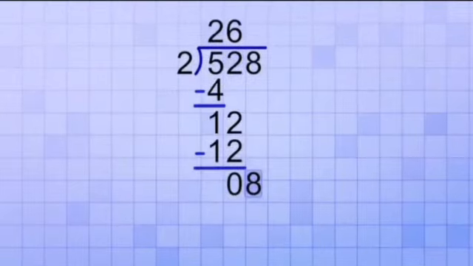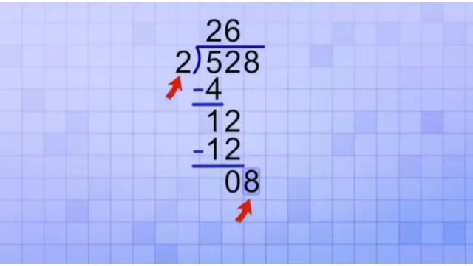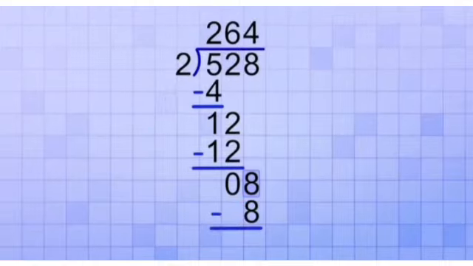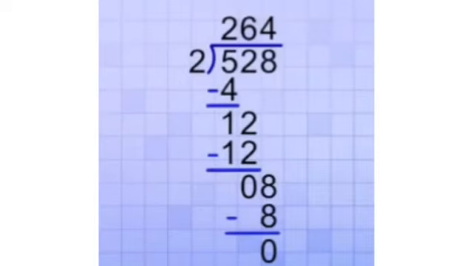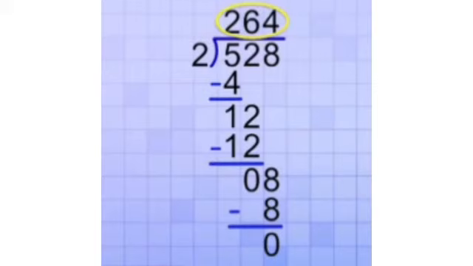Now we get the number 8. So we check how many 2s to make 8. You can easily check students, 2 4s are 8. Now 8 minus 8 you will get 0. Here students, your remainder is 0. It means your division is complete and you will get the answer 264.